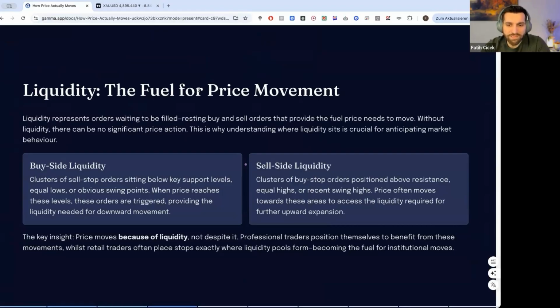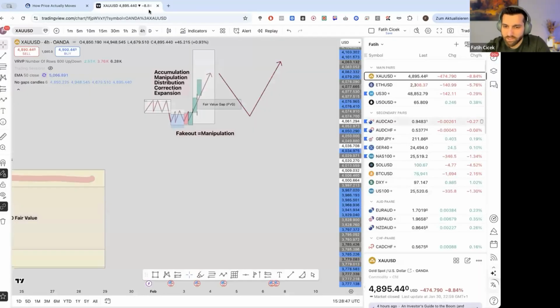Liquidity is fuel for any specific price movement. Liquidity represents orders waiting to be filled, resting buy and sell orders that provide the fuel price needs to move. And we have buy side liquidity and sell side liquidity.